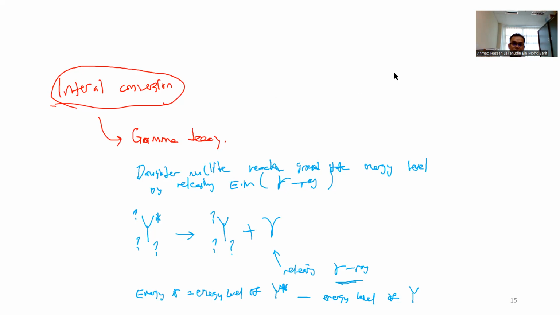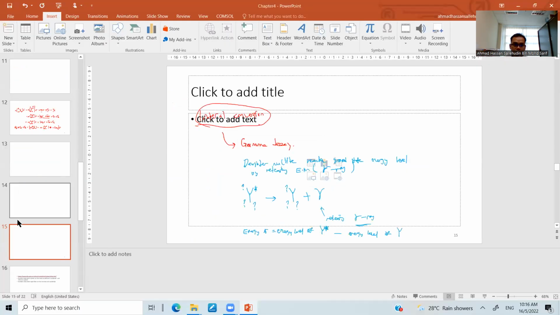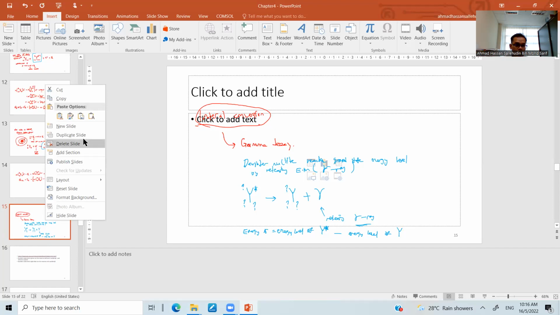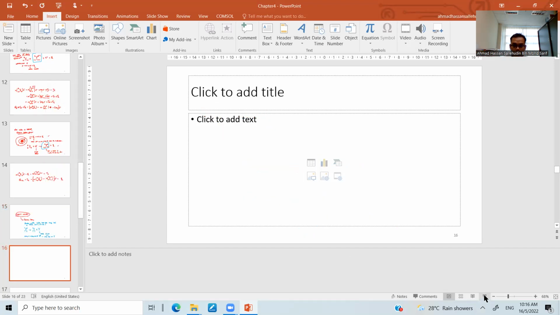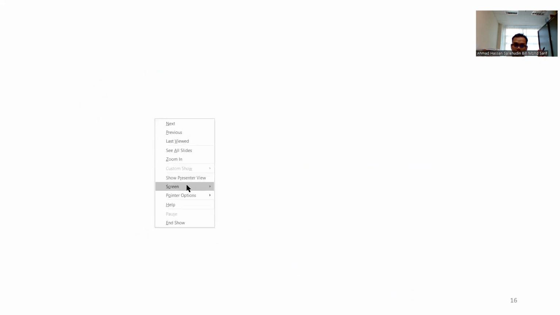Internal conversion can be said to be a process subsequent to the gamma decay. So let's say this is your nucleus at an excited state, releasing gamma ray.